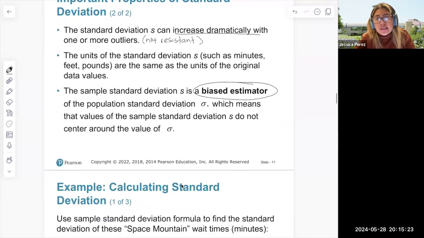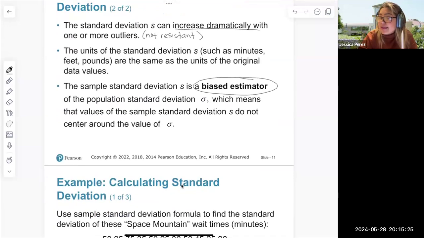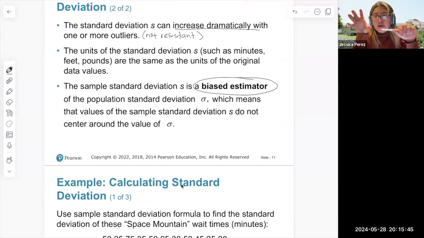So depending on the sample size, that's what you're going to get as your sample standard deviation. That will not necessarily reflect your population standard deviation. A biased estimator is biased around the sample value, not the whole population. That's why a population standard deviation is different from a sample standard deviation. Just make sure you understand how to separate those.